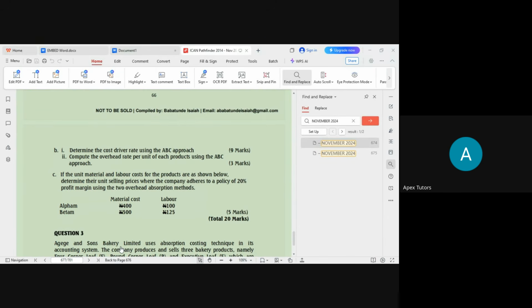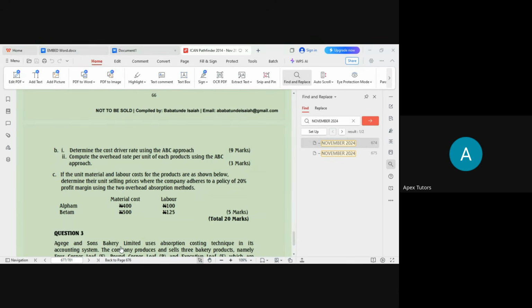Number of separate materials issued per batch. Now, the number of separate materials issued per batch is a statement telling us that in relation to batches, there are two forms of materials that are issued.